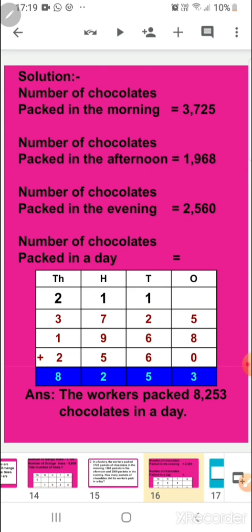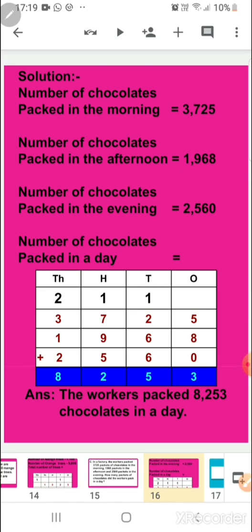And number of chocolates packed in the evening equal to 2,560. Children, all the statements we have got from our question itself. Now what we have to find out? We have to find out number of chocolates packed in a day. How we will find out that? By adding all the number of chocolates.